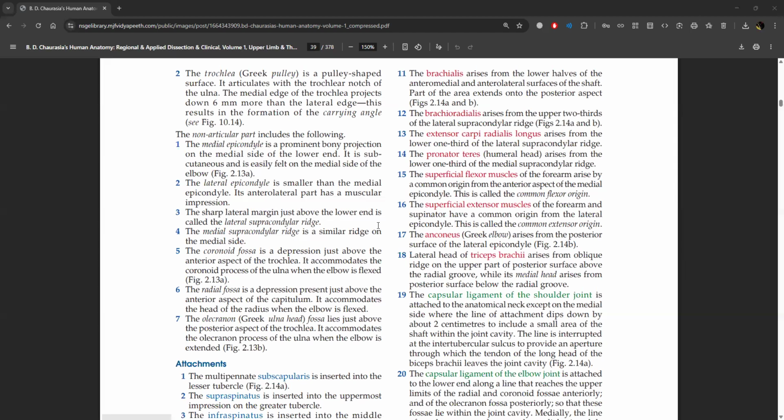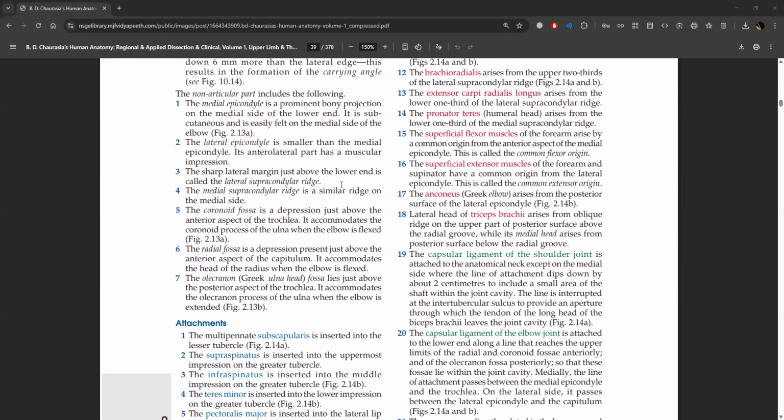See figure 10.14. The non-articular part includes the following. Number 1. The medial epicondyle is a prominent bony projection on the medial side of the lower end. It is subcutaneous and is easily felt on the medial side of the elbow. Figure 2.13a. Number 2.